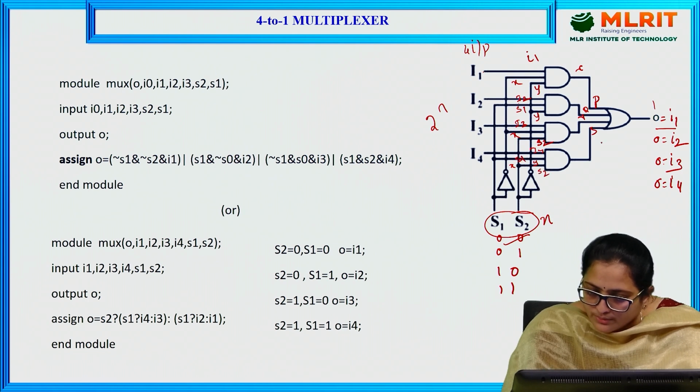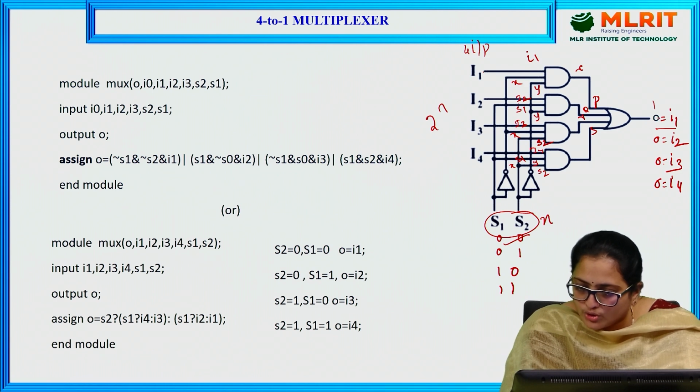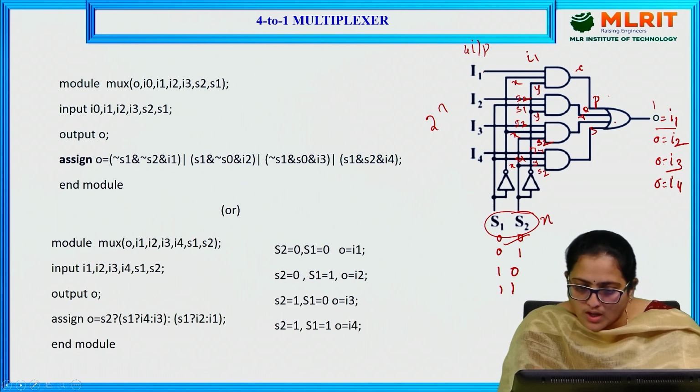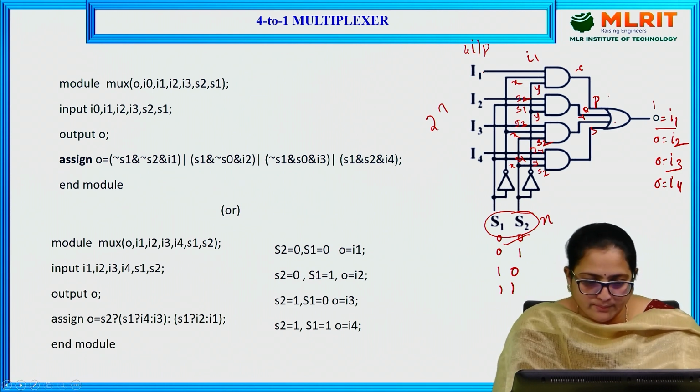The outputs are driven onto P, Q, R, S respectively, and output O is given by the OR of P, Q, R, S. This is what the logic diagram specifies.